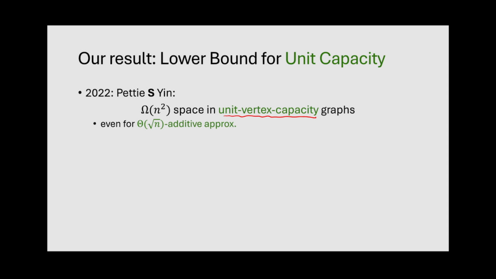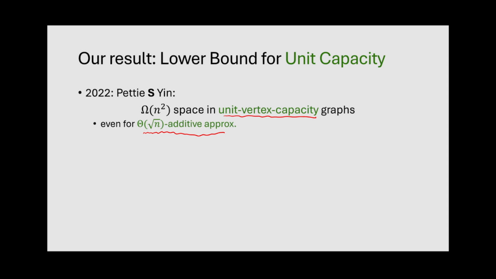But what seems to be fitting with this workshop is that the lower bound that we show is not an exact lower bound. Even if you allow some gap, like an additive square root n approximation, you still need n square space.